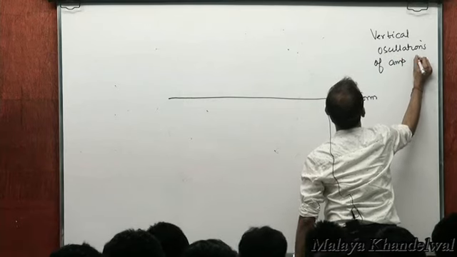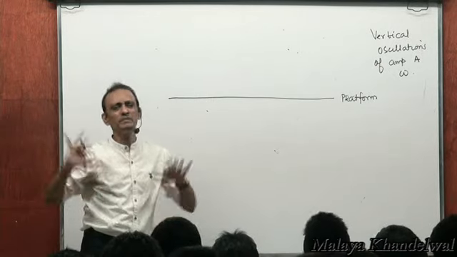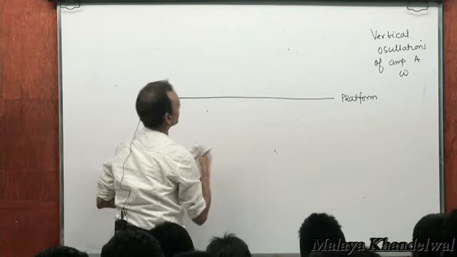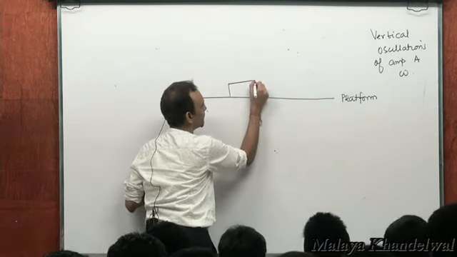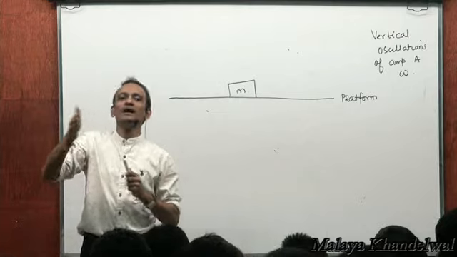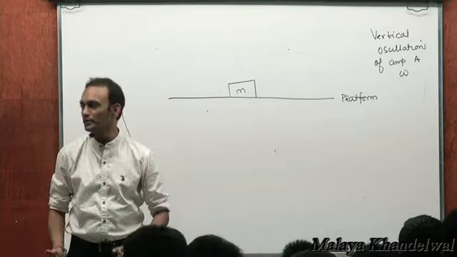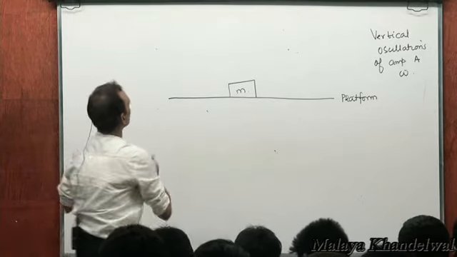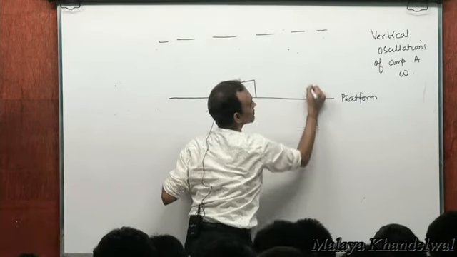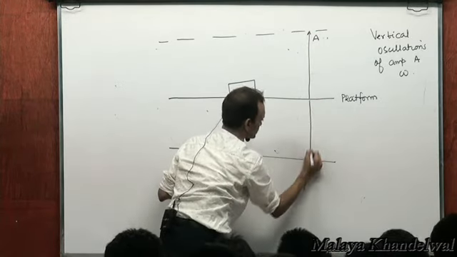There is a particle of mass m sitting on the platform and executing the same simple harmonic motion, amplitude A and angular frequency omega. Between these two limits, it could go A units above this, and it could go A units below this. This is the equilibrium position, the one that you see here.